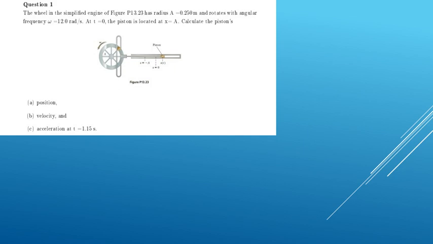Okay, so we have a very interesting question here, and this question is under simple harmonic motion. We have been asked to simply find the position, the velocity, and the acceleration.